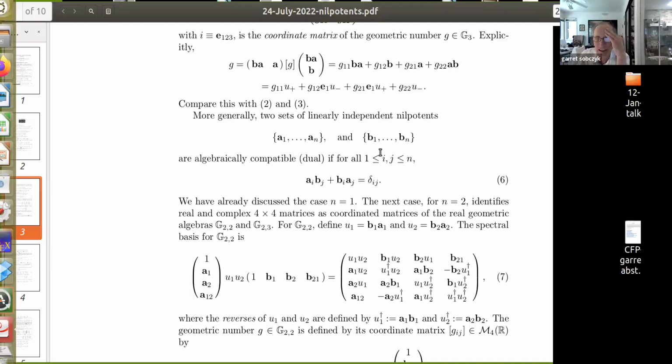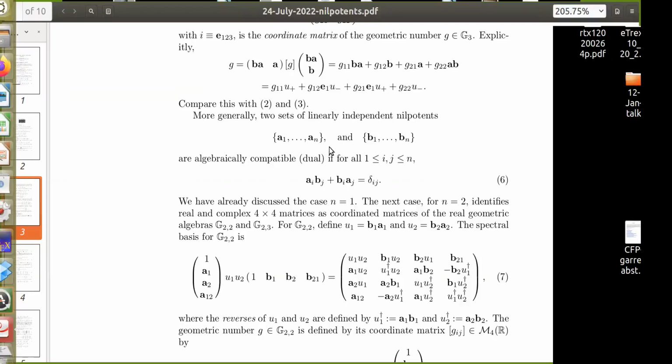Okay. But excuse me, but here when you find the n linearly independent nilpotents, are you generating all the space with these nilpotents, or what? What are you generating with this?